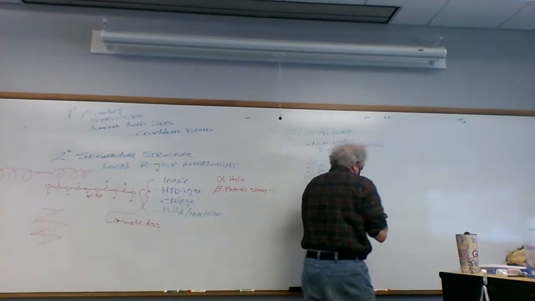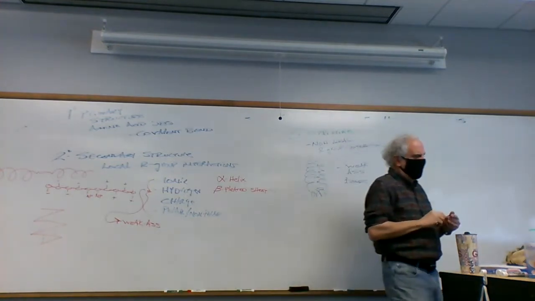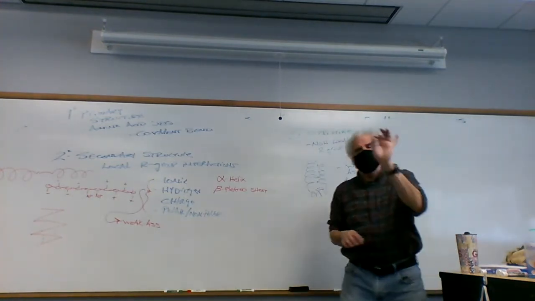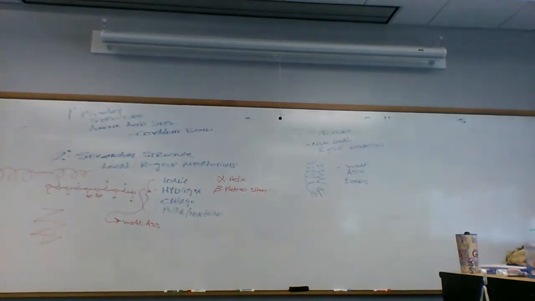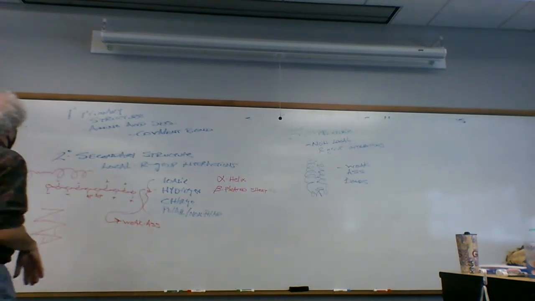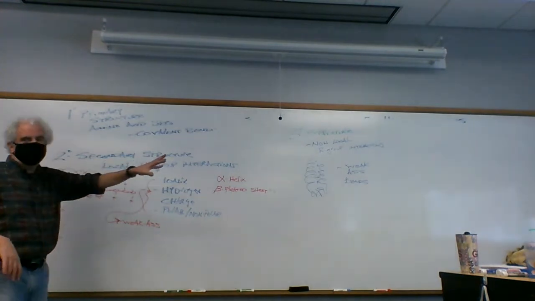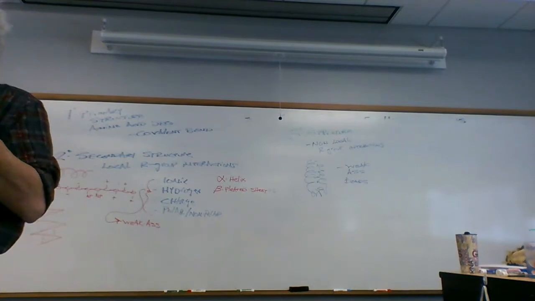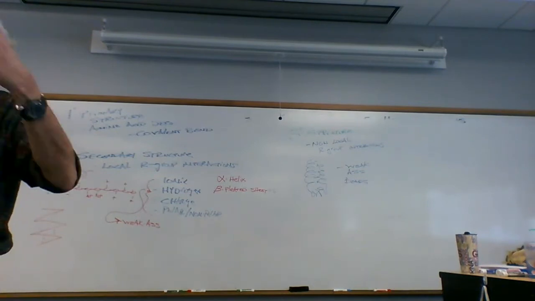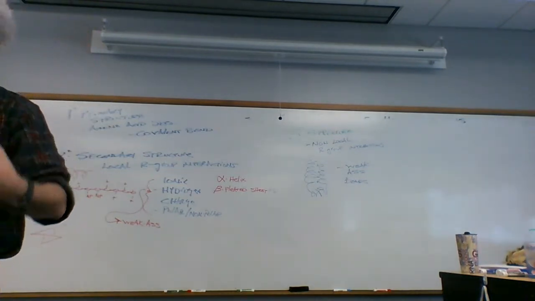So when we start doing things like running a slight fever, what you're doing is disrupting the secondary and tertiary structure. And in fact, as we'll start seeing when we start talking about ways of sterilizing stuff, we can do things that'll disrupt the secondary and tertiary structure. And one of the points we're going to be getting into here is that proteins work because they fold up into their secondary and tertiary structure.